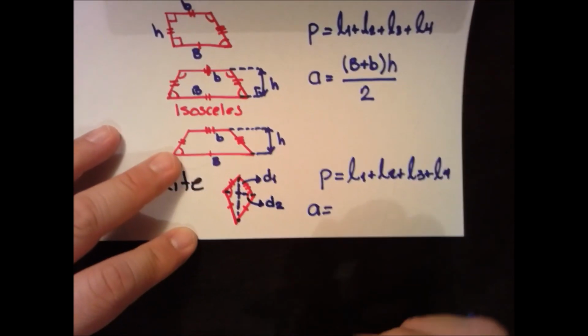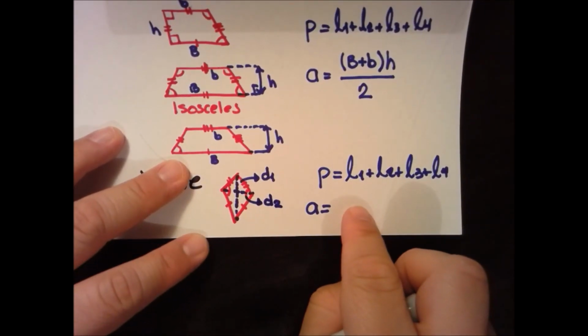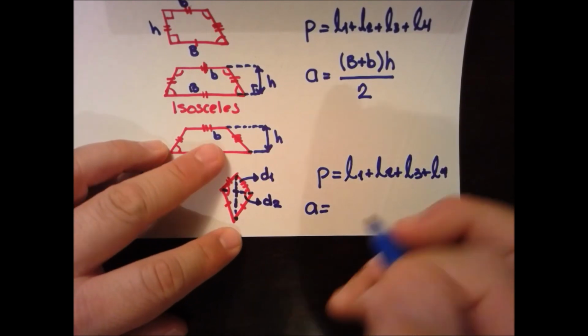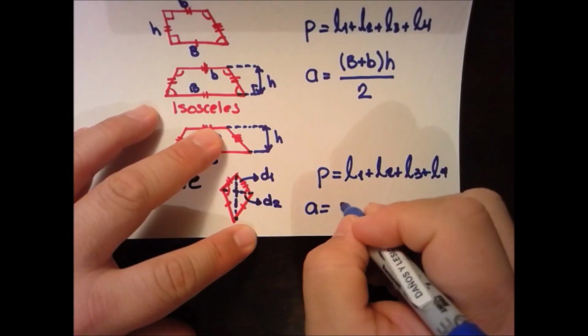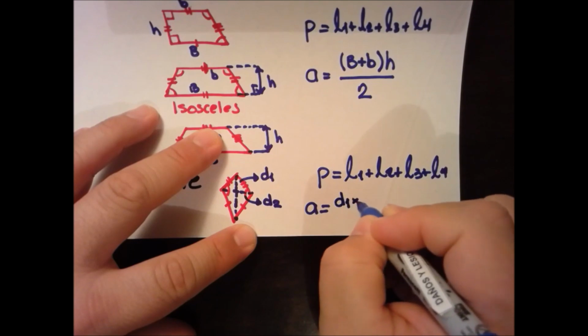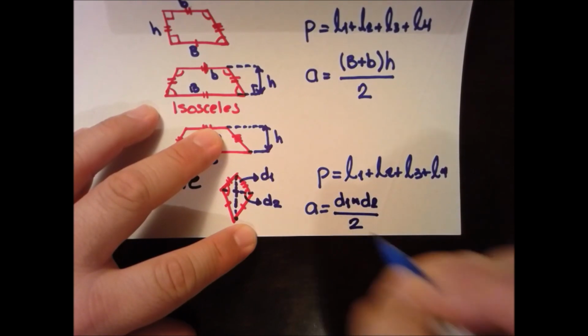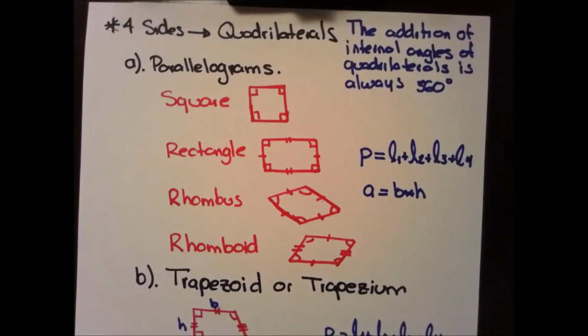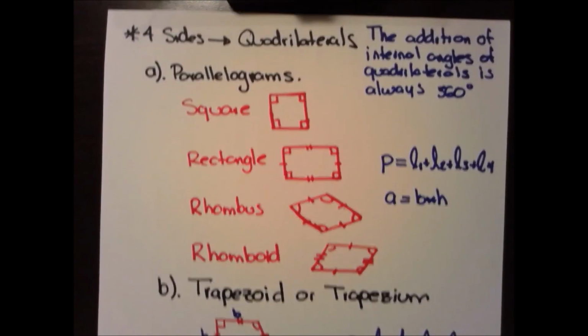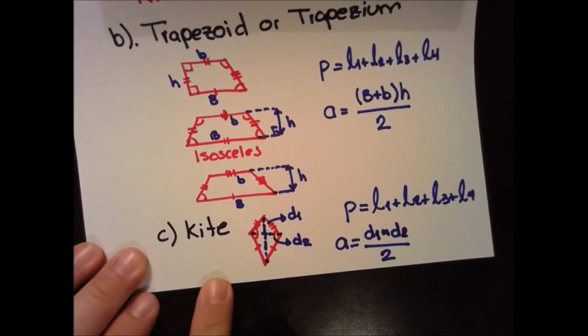With those measures, you are going to apply the next formula. The formula is you need to multiply D1 times D2 and divide over 2. And this is all about the quadrilaterals: parallelograms, trapezoid, trapezium, and kite.